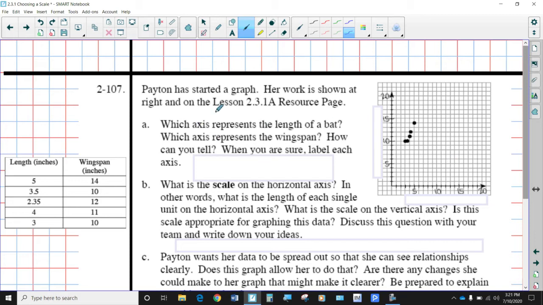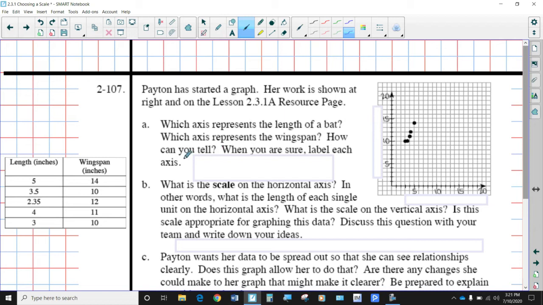Okay, so which axis represents the length of the bats, and which one represents the wingspan? So here we've got 5 points. Those points are for the ordered pairs that are created from these numbers.